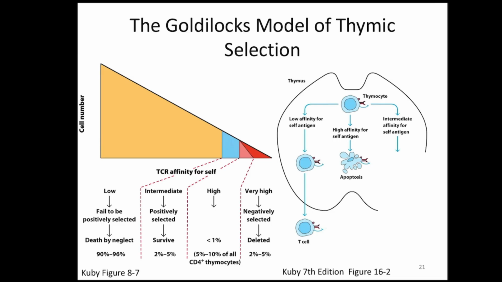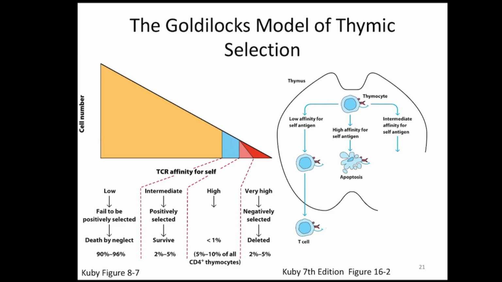They're useless. They get no pat on the head. And so we call these cells that survive, because they get the medium signal, the intermediate signal, positive selection. This cell got told, yeah, you bind to self-MHC. You were positively selected. You get a pat on the head.